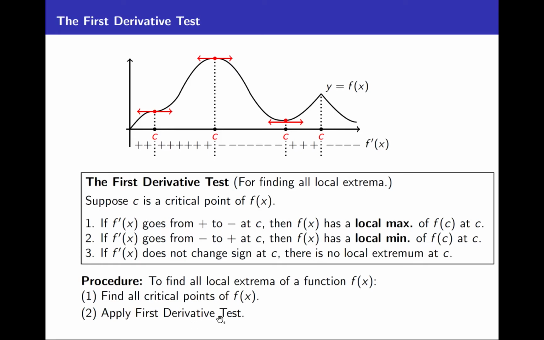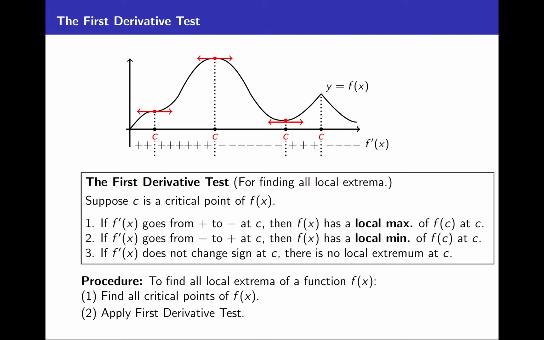Second, apply the first derivative test to each critical point. Look at the change of sign. The first derivative test will tell you whether you have a local maximum or a local minimum, or neither.